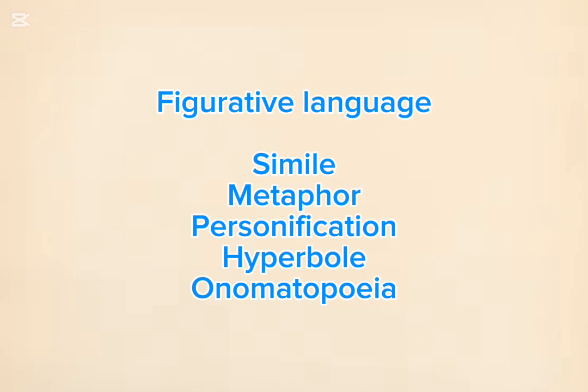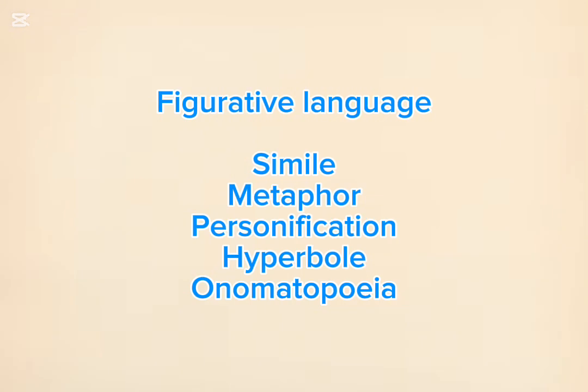Figurative language, uses words or expressions with meanings different from their literal interpretation to create vivid or imaginative descriptions. Common types of figurative language. Simile, compares using like or as. Example, her smile is like sunshine. Metaphor, direct comparison without like or as.